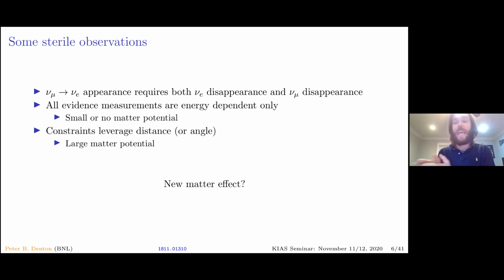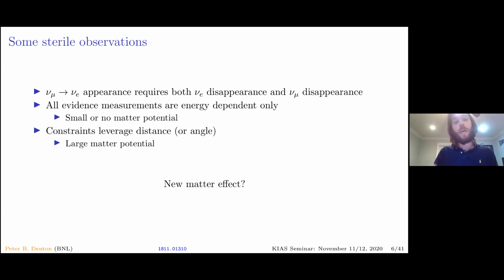And IceCube uses angle to get a distance for their atmospheric neutrinos. While there is some uncertainty in these angle measurements, it's unlikely that there's a systematic shift where all these angles are put into the wrong bins. So this is one reason why people, I think, take these constraint experiments more seriously than the experiments with evidence.